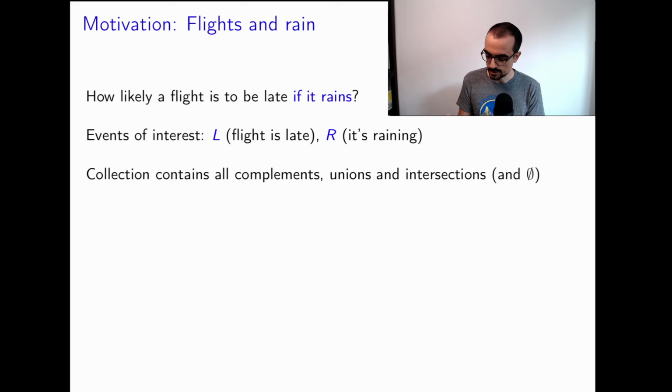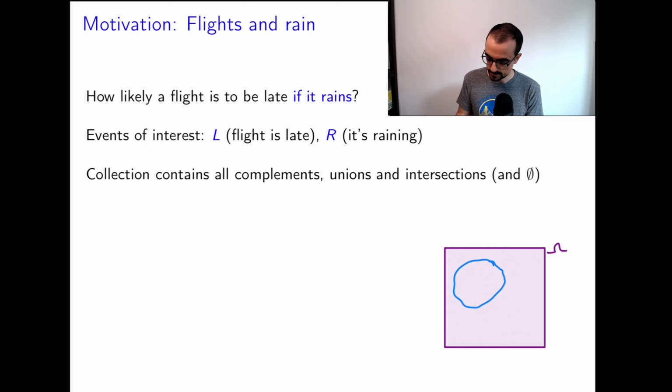So let me maybe use a Venn diagram to draw the sample space with the events. Okay, so this would be the sample space. And I'm going to draw our two events of interest.